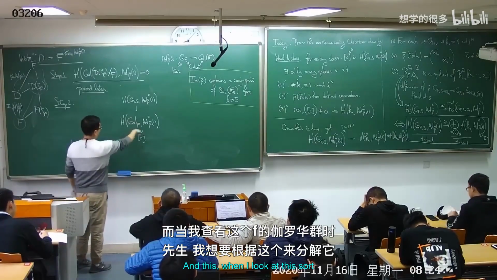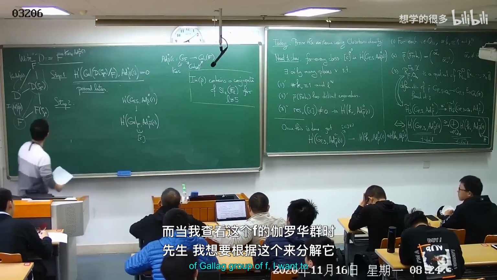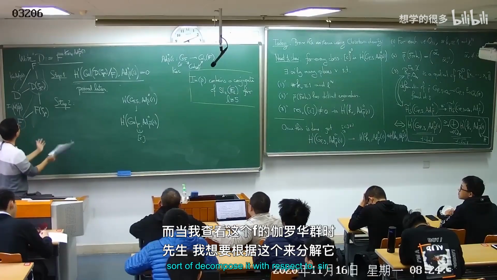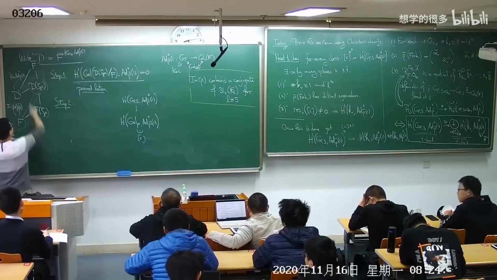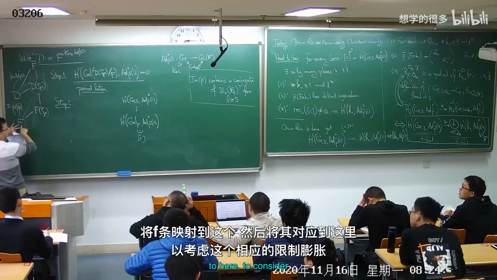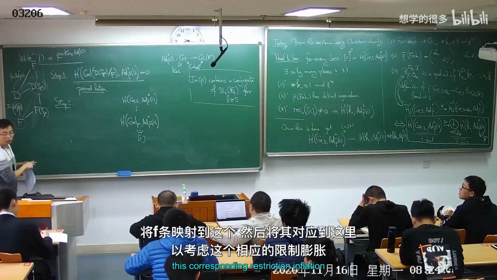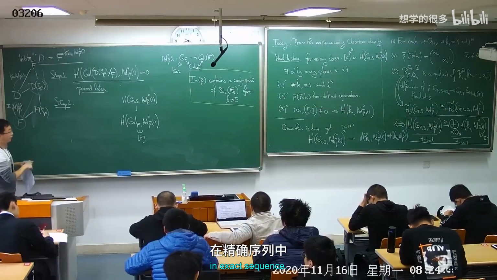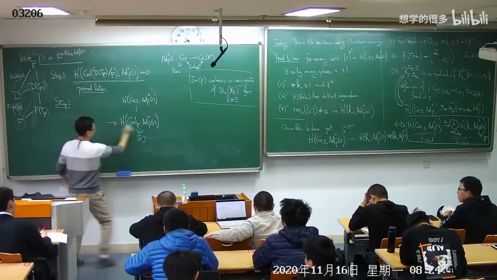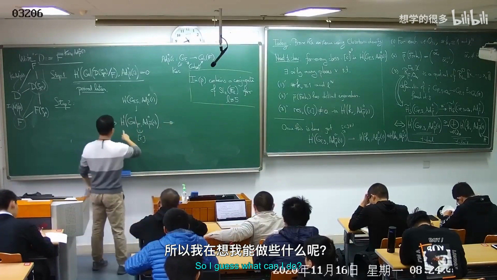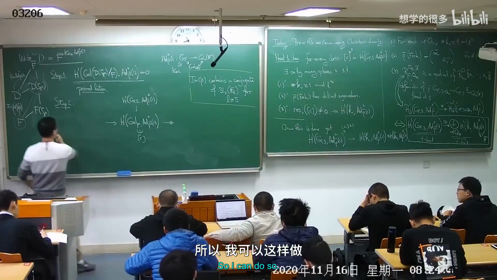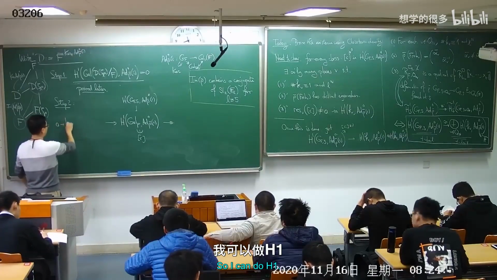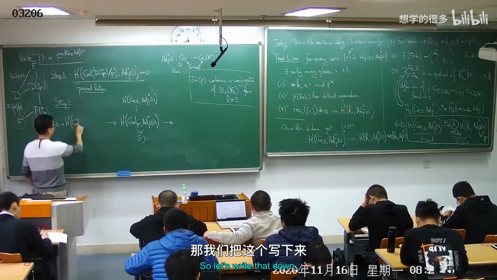And when I look at this Galois group of F, I want to decompose it with respect to F bar to this one, and then this thing to here, to consider the corresponding restriction inflation exact sequence. So I guess what can I do? So I can do H1 of, so let's write that down.